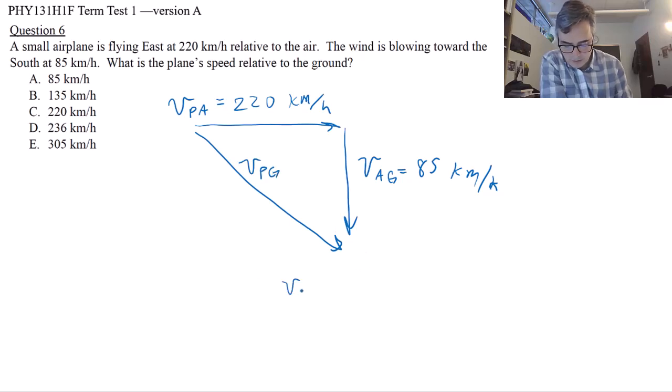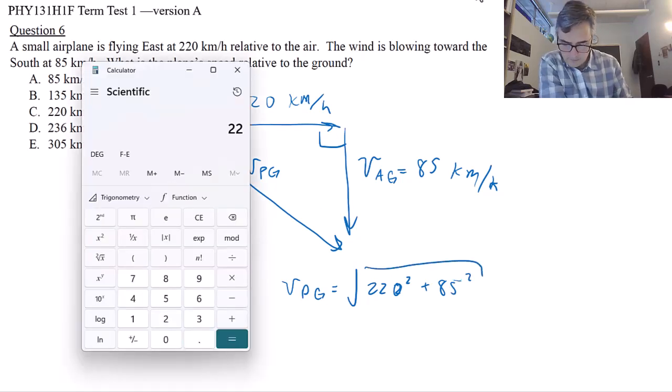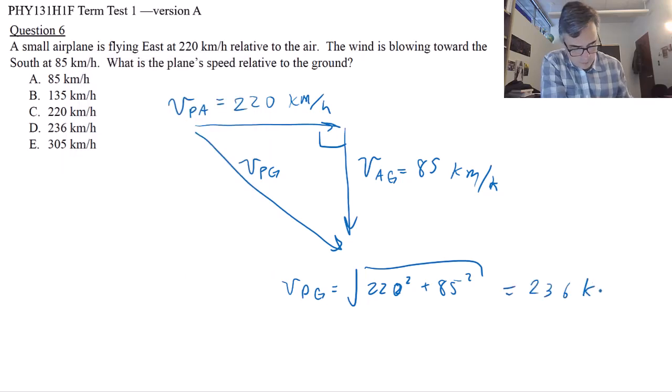I'll just use the Pythagorean theorem since these are at right angles: 220 squared plus 85 squared. Take the square root of that, and you get 236 kilometers per hour, which is D.